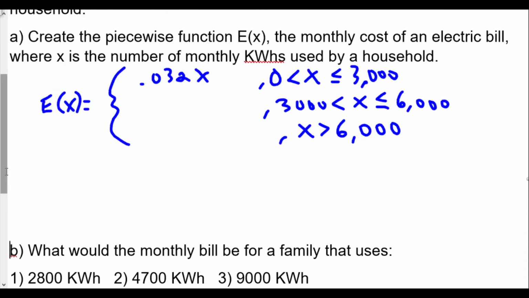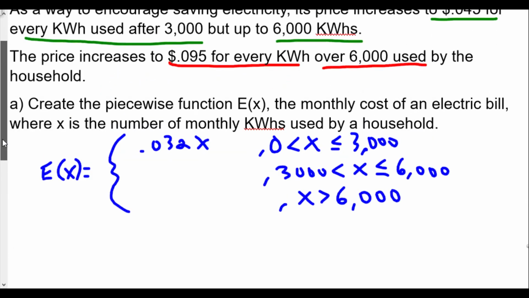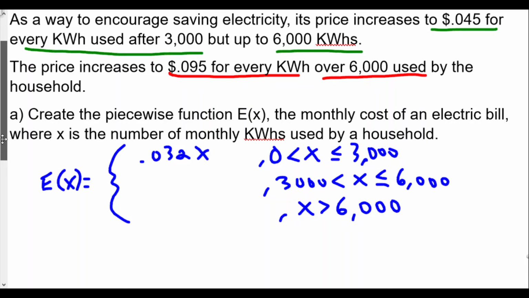We're definitely going to multiply for the second tier 0.045, but only for values of x between 3,000 and 6,000.